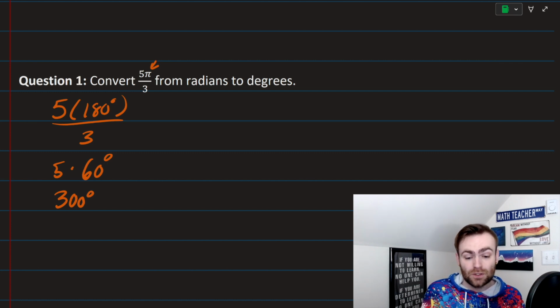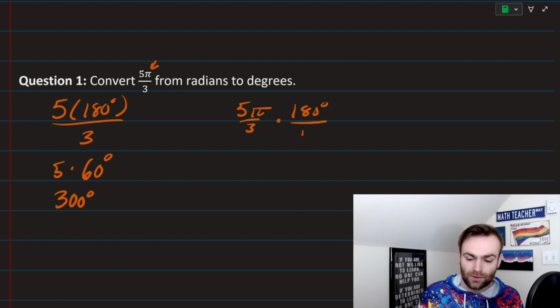Something else that you can do, if you don't have a pi or if you have a pi and you just don't want to do the substitution, is 5 pi over 3 radians times 180 degrees over pi radians. What does this do? It cancels out the pi, and you're left with exactly what we had before, which simplifies down to 300 degrees.